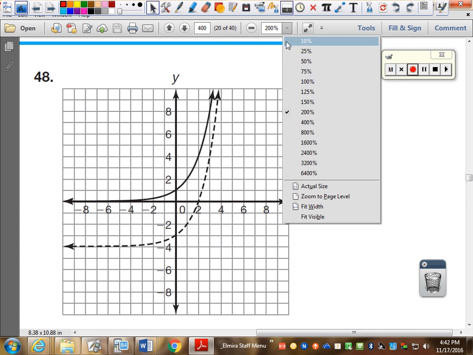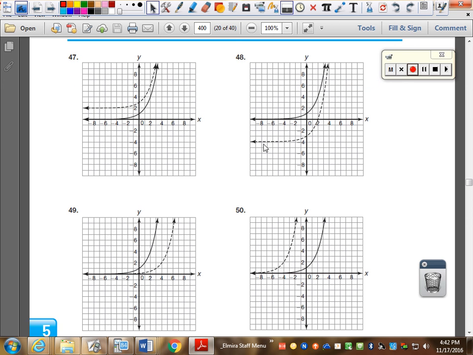Guys, all the graphs on this page, all the original graphs on this page, all of them are f of x equals 2 to the x power. All of them.